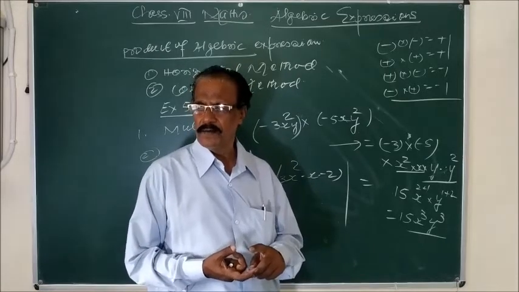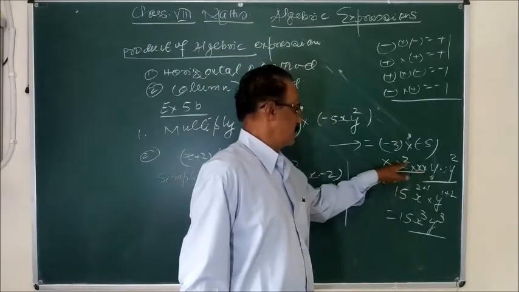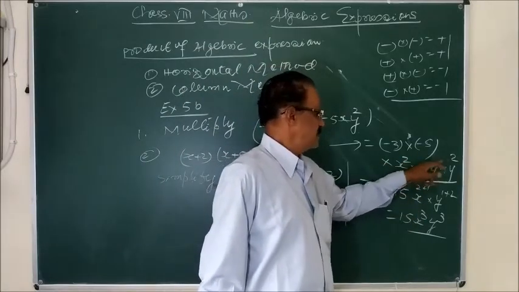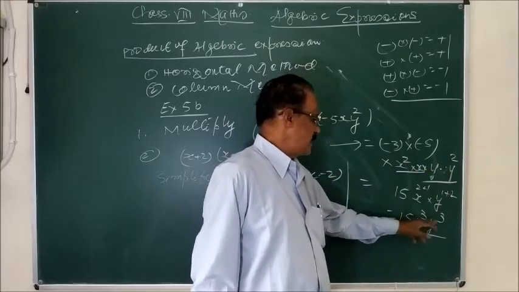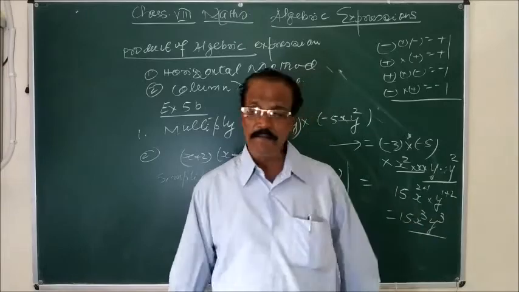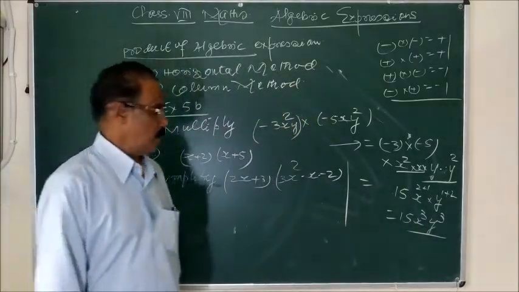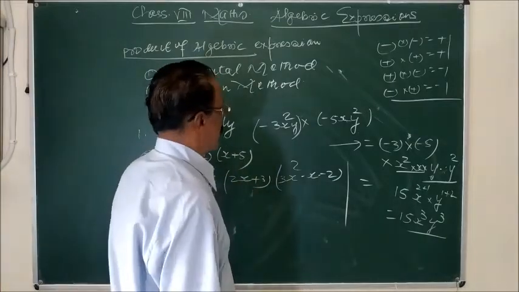So here x is the base, powers 2 and 1, 3. And similarly here. Now we cannot simplify this because x and y are different variables, and we do not use that rule for different variables.